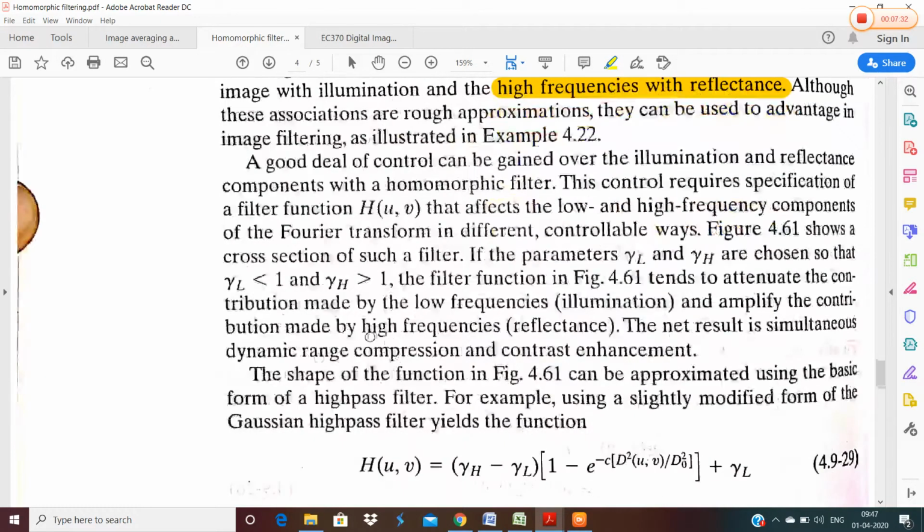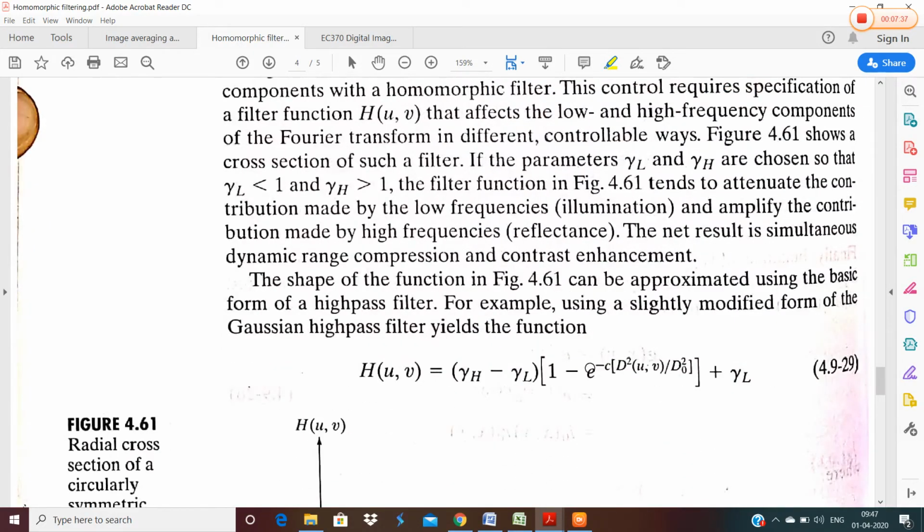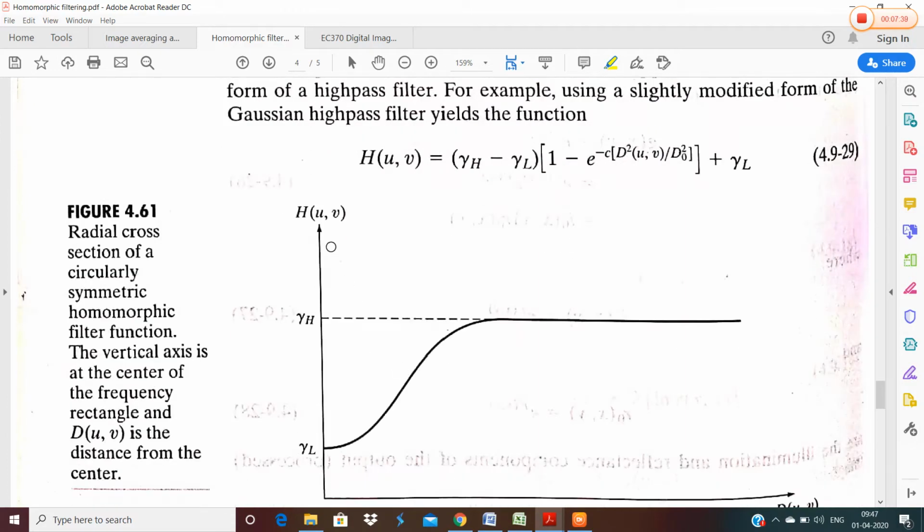Next, let's see how to select H of u comma v. A typical equation for this is shown over here. This is the shape of that filter according to this equation. Here you consider this part, 1 minus e raised to minus a quantity, whose shape will be like this.